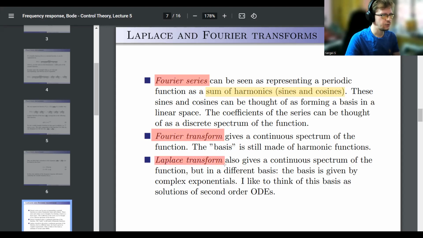Finally, Laplace transform with continuous spectrum, but the basis is no longer periodic sines. In fact, the basis is now given by exponentials. So it's solutions to the first order ODEs. It is those second order ODEs, sorry.